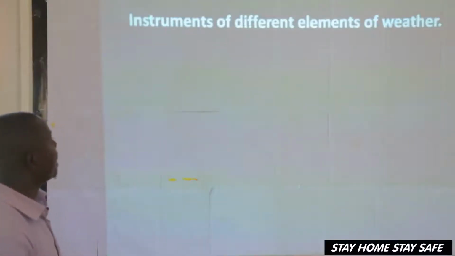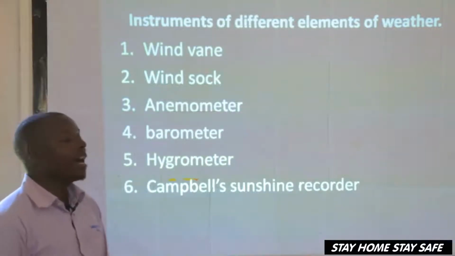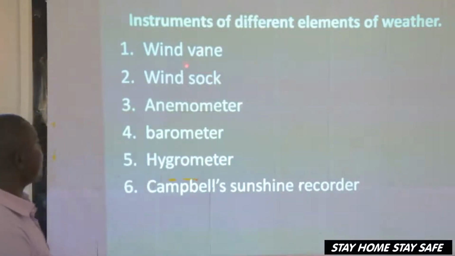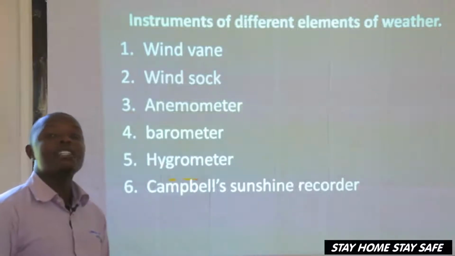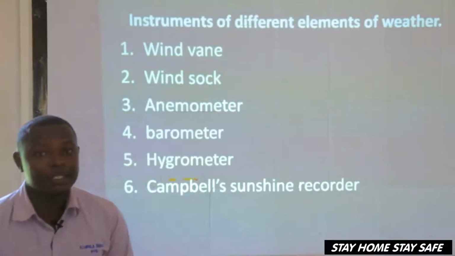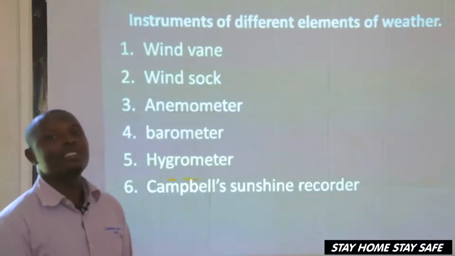Now, let's look at different weather instruments. We have the wind vane, windsock, anemometer, barometer, hygrometer, Campbell's sunshine recorder. We are just doing revision because some of these things we have learned in P3.